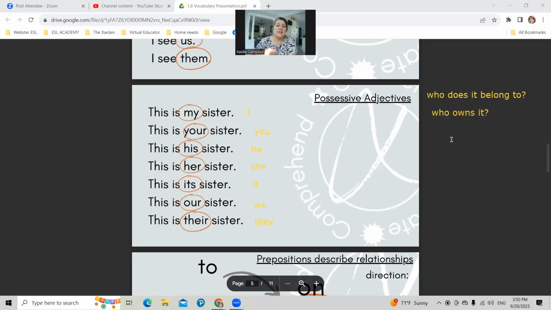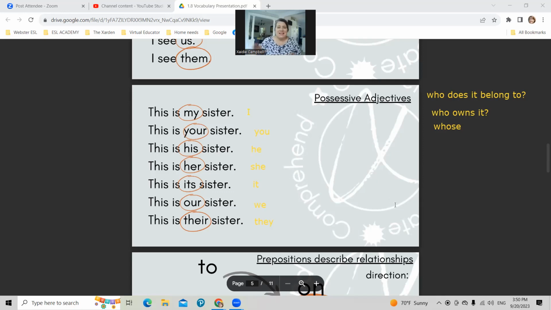Okay, we're answering the question, who owns it? We might say, whose? Whose nail polish is this? It's my nail polish. You see?